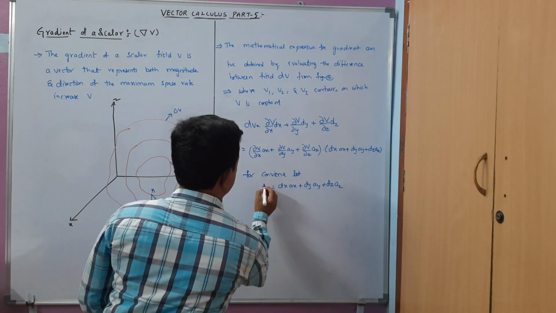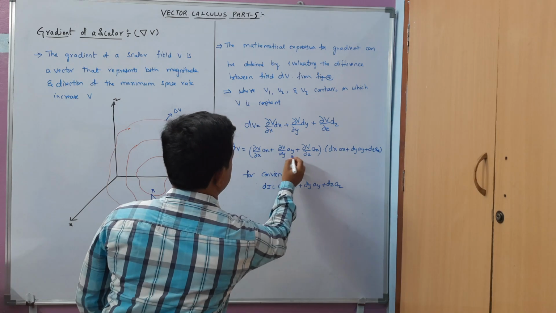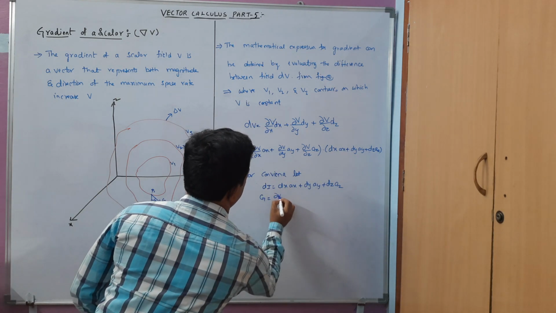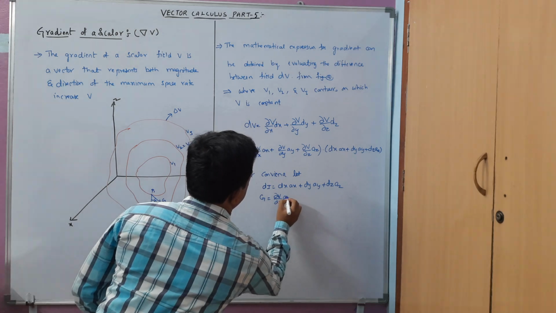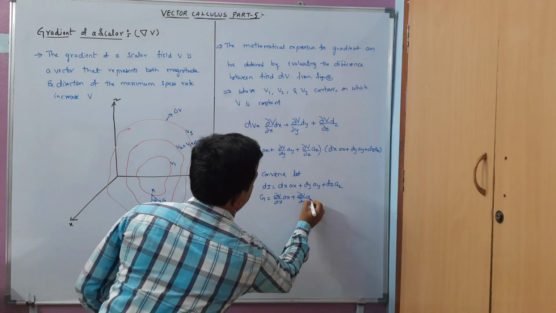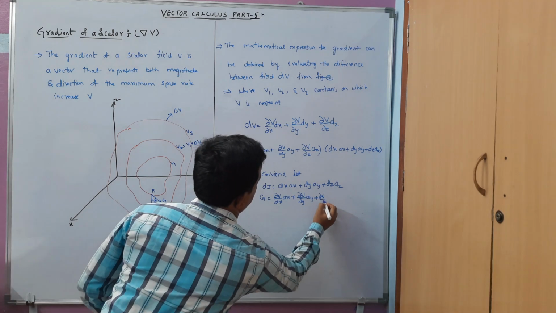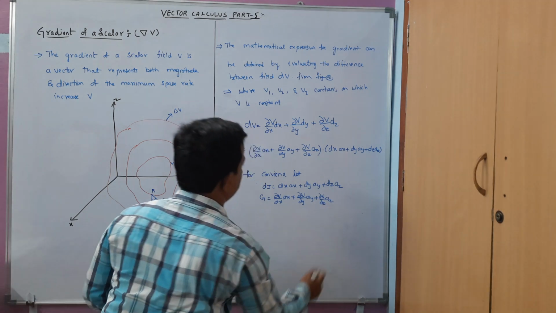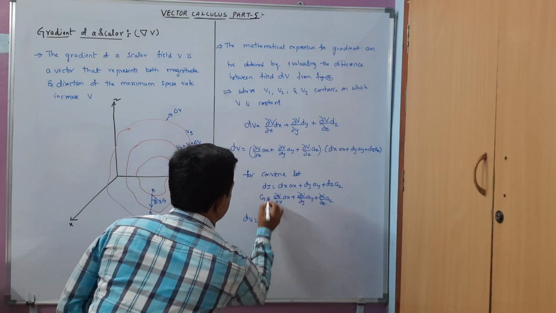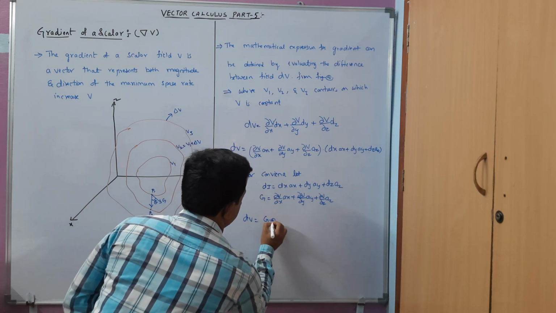This is dl for our convenience, and G is this one. So this entire part is G, that is ∂V/∂x into Ax plus ∂V/∂y into Ay plus ∂V/∂z into Az. Now this equation becomes dV is equal to, I can write, G dot dl.